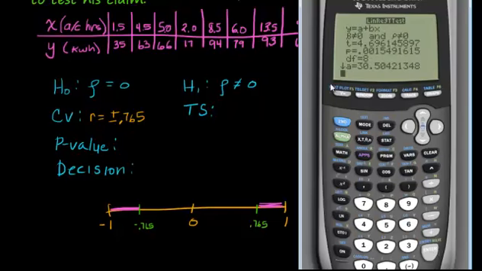Okay, so our p-value to 4 decimal places is 0.0015. Tab down to find r. 0.85662, so 0.857.